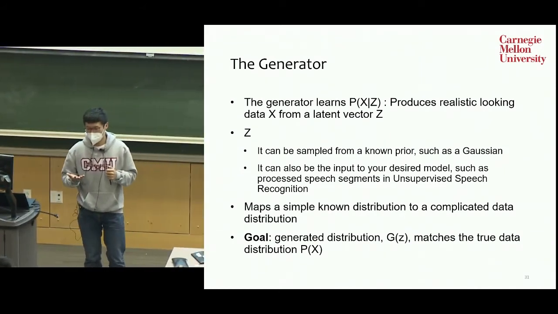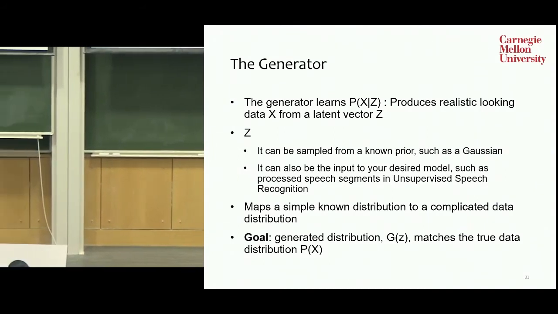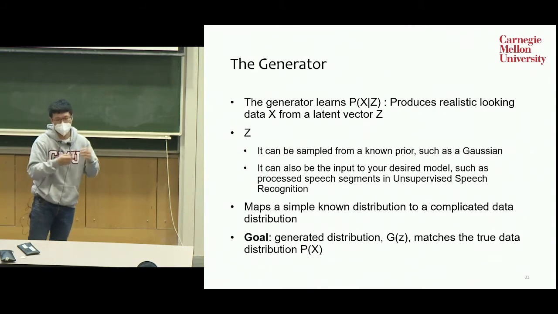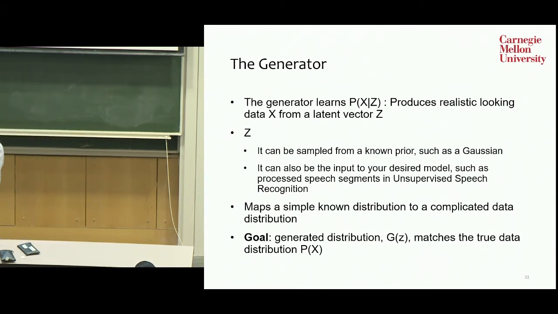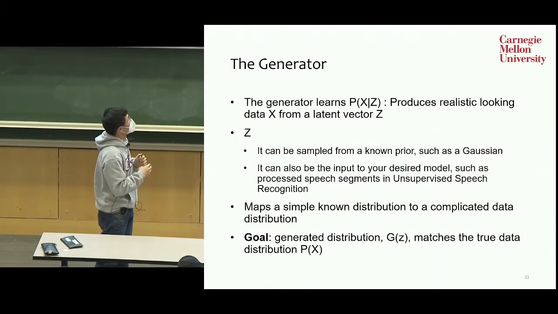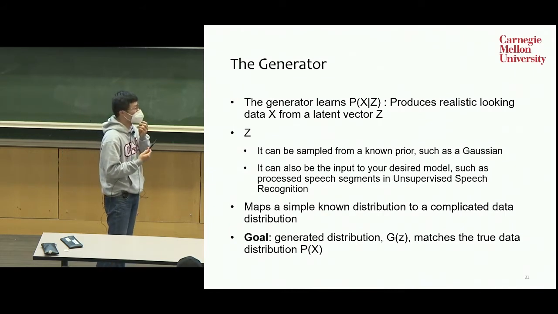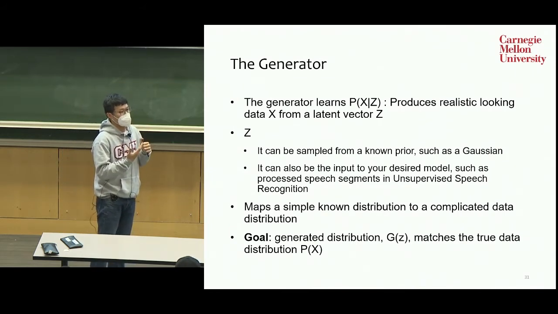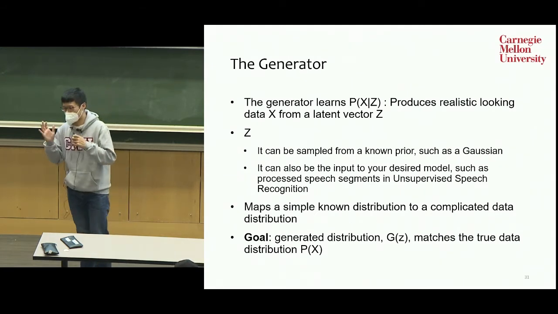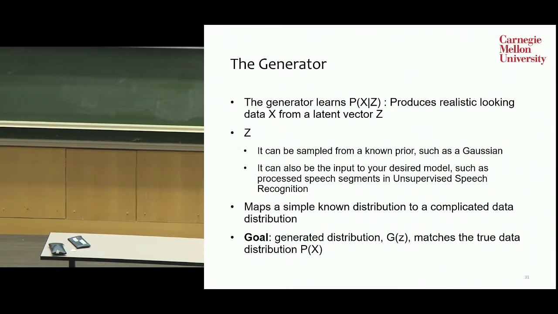So what is Z? In the original GAN, or in a few of the GANs generating images like StarGAN, Z is just sampled from a known prior, such as a Gaussian prior. We can just sample from a zero mean, unit variance Gaussian. But I think recently there have been GAN models trained to perform more meaningful tasks, so the input to the generator can actually be the input of the model that you want to train.